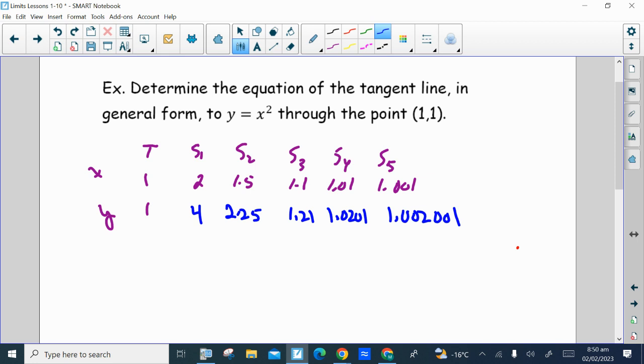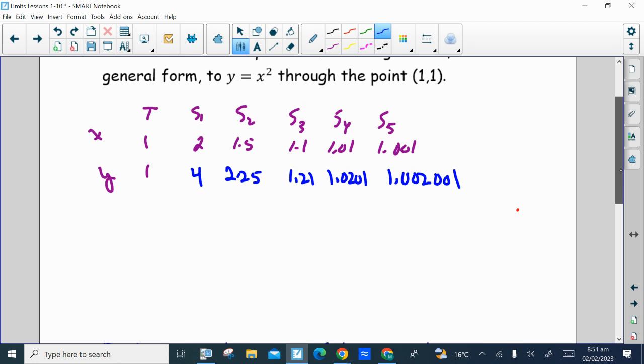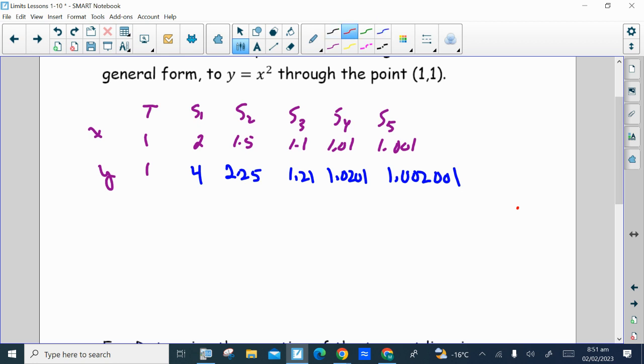So now I can use each point to find out what the slope of that secant line is. I'll start with the line segment between t and s sub 1. So m, the slope, will be y2 minus y1, which would be 4 minus 1 over x2 minus x1, 2 minus 1.